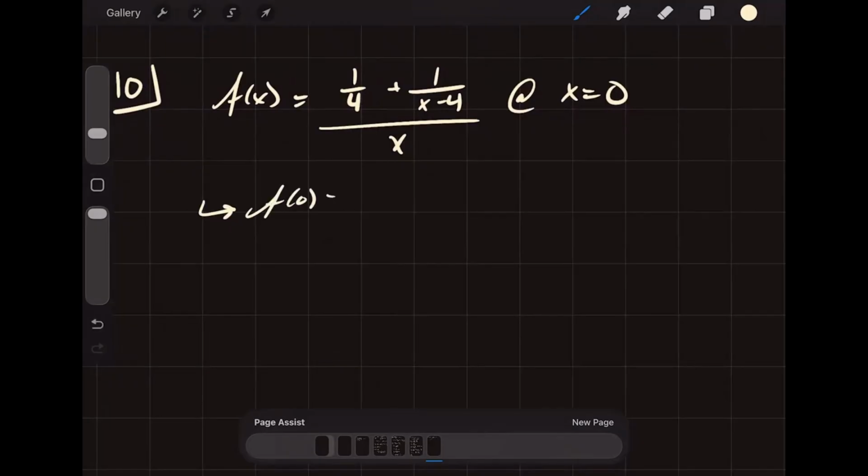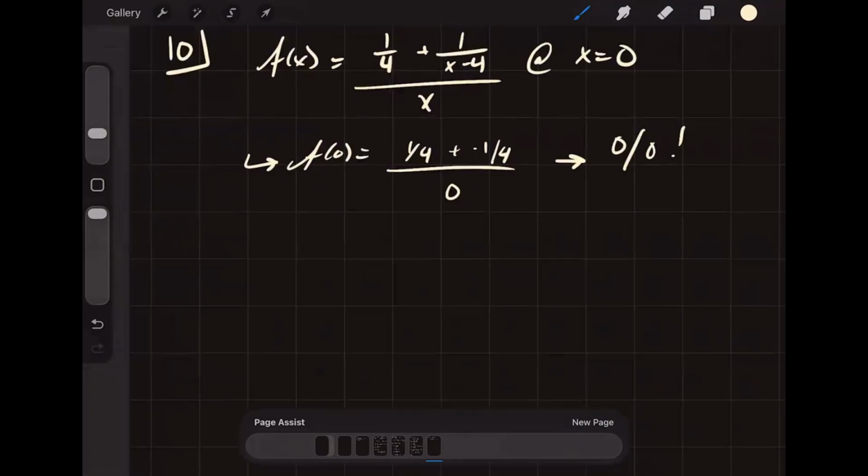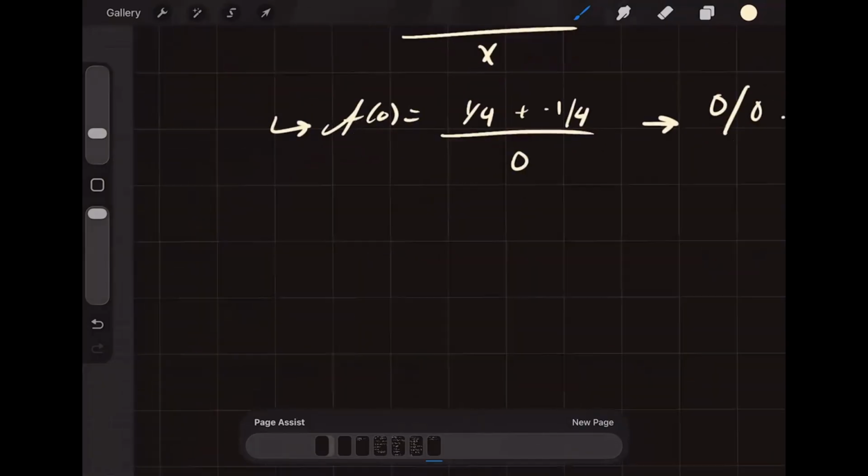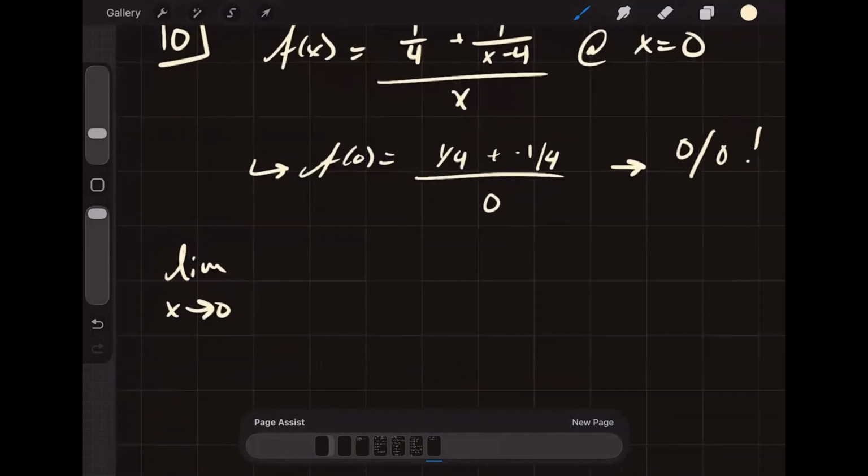F of 0 is going to be 1/4 plus 1 over negative 4, which is negative 1/4 plus negative 1/4, over 0. So not defined, but let's see if we can take a limit. Limit as x approaches 0 of 1/4 plus 1 over x minus 4, over x.